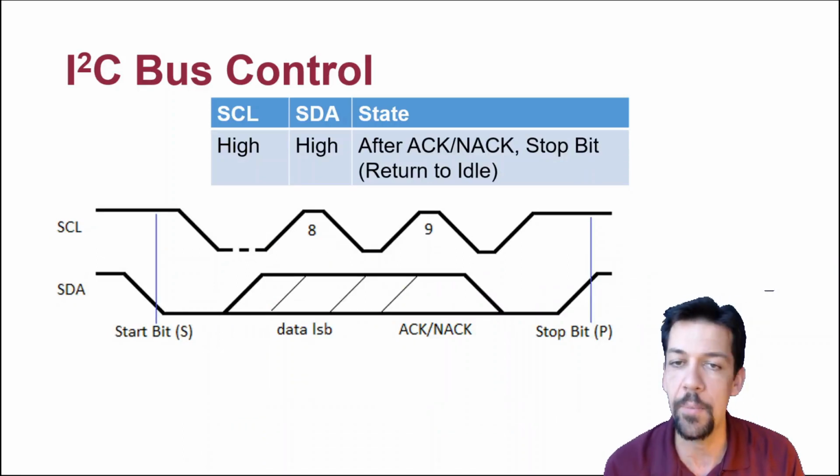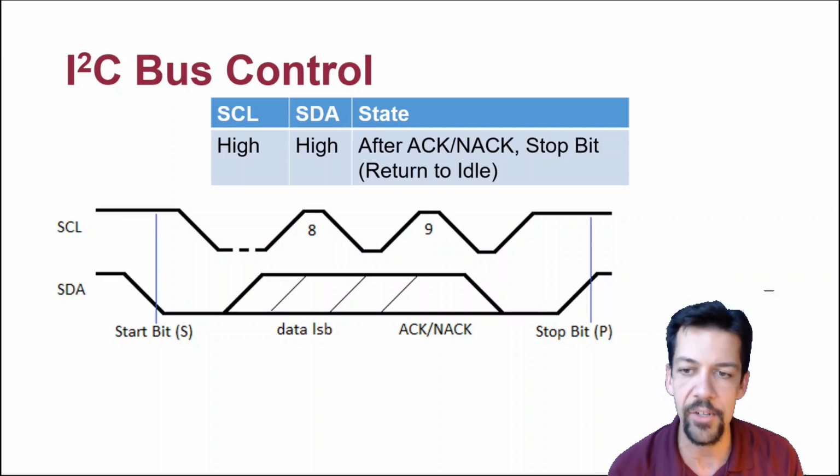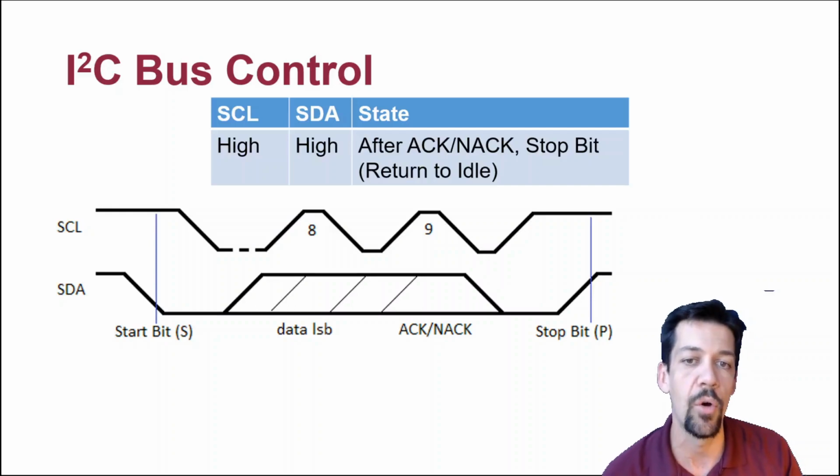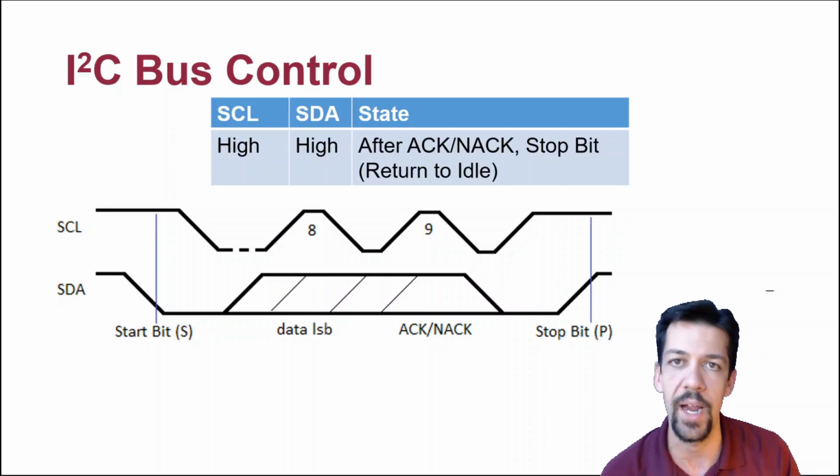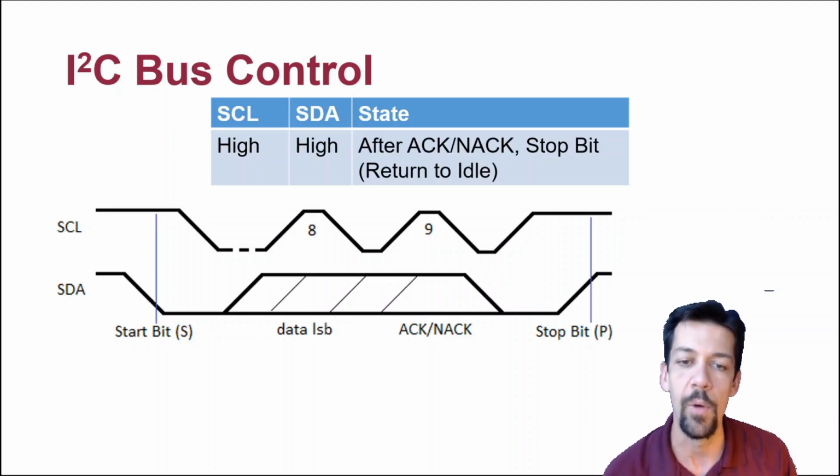So what we consider as one transaction is we have a start bit, which is always initiated by the master. Then the master drives the clock, and either the master or the slave will drive the data, and whoever is receiving, whichever the role is, will ACK or NACK.